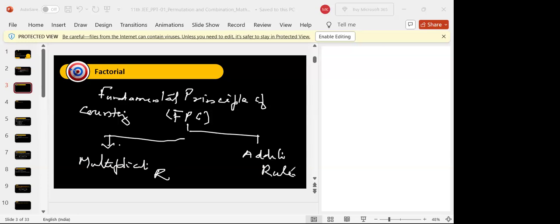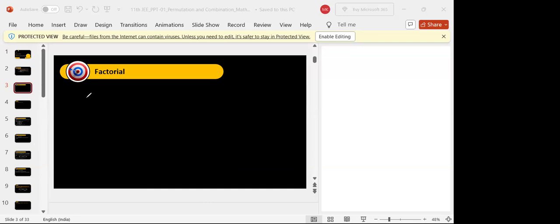Now I'll explain these two rules in a simple manner. Now I'll ask you a small question. This is a movie theater. In this theater, we have two doors at the entrance and three doors at the exit.